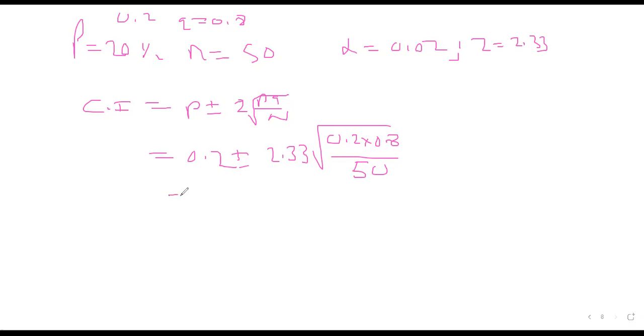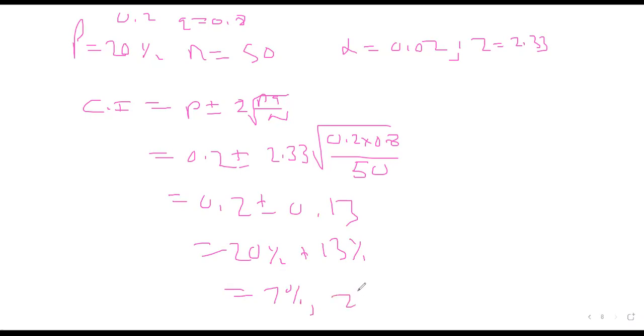So this is about 0.13. This is as good as 20% plus minus 13%. So here we have 7%, 23%. All together?